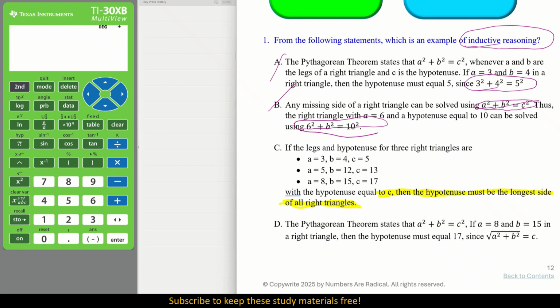Once they work with a triple, then go to this and guide the students into this conclusion, because it's a simple conclusion to make after working with three primitives. You would introduce them to a Pythagorean triple and then go to this and lead them there. So this is a perfect example of inductive reasoning.